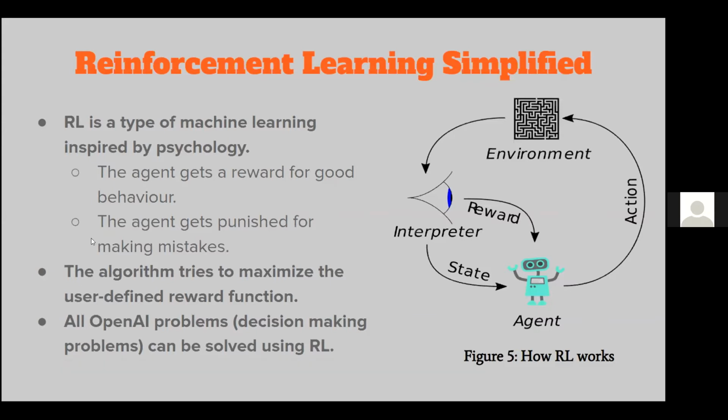This is how it works. The more good behavior you do, the more reward you get, and the more bad behavior or mistakes you make, the more you get penalized. The algorithm tries to maximize your collected reward, and it happens iteration by iteration.